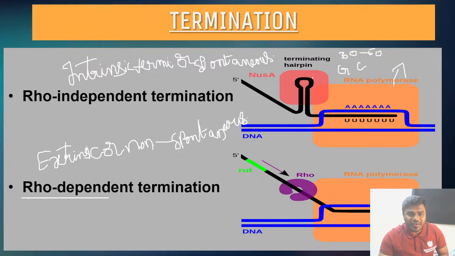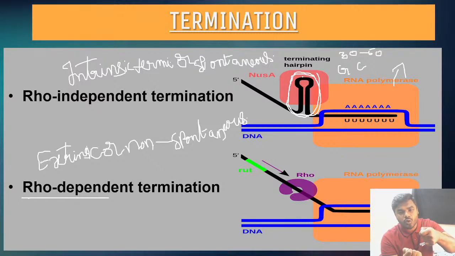Whenever G pairs with C, look into the picture carefully: it forms a hairpin loop-like structure.